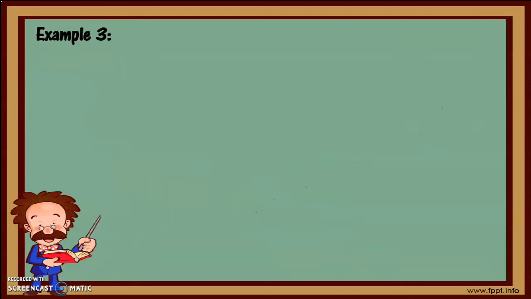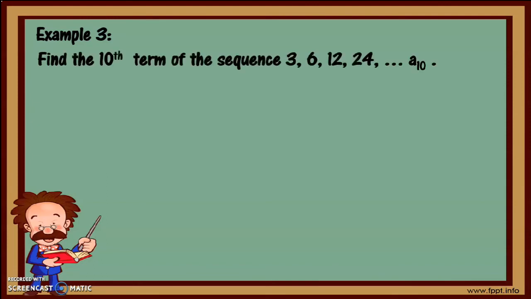And since we are looking for the 10th term of the given sequence, let us now use the formula a sub n is equal to a sub 1 times r raised to n minus 1. So, the given: a sub 1 equals 3, common ratio is 2, and we are looking for the 10th term. Therefore, n is equal to 10.